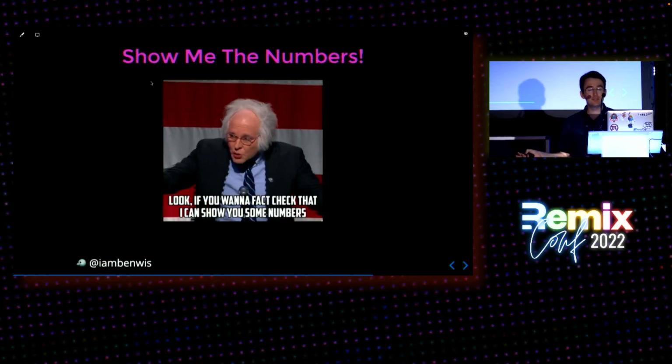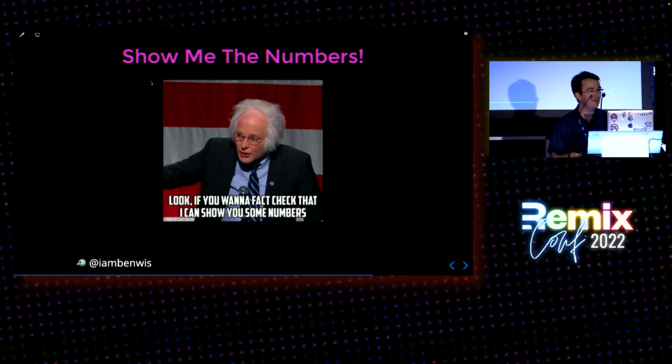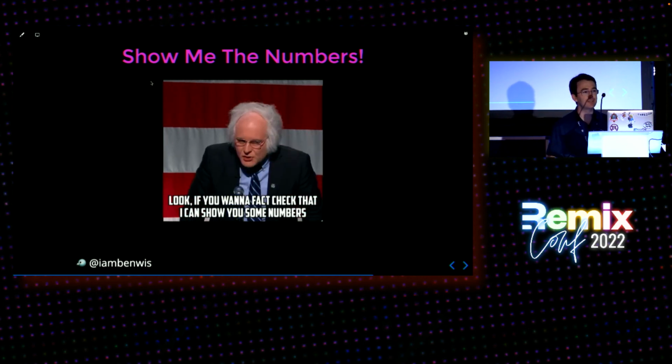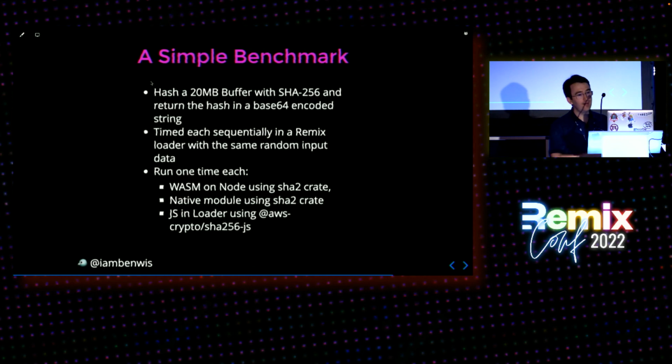So I've been saying that it's faster a bunch. Let's throw out some actual numbers to kind of support that. I took a 20 megabyte JPEG image file, and I converted that into bytes and stored it in a buffer. And then I wanted to hash it with SHA-256. You know, if maybe you want to keep track of the file changes and you want to store that in your database, right?